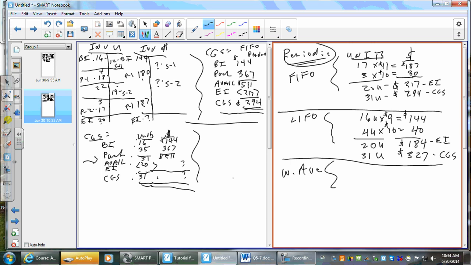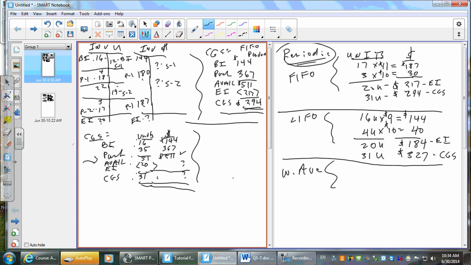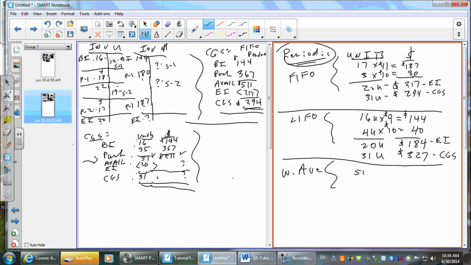still periodic. All these methods are periodic, okay? What's the cost per unit? $511 divided by what? 51 units. That's all there is to it. The total available is $511 divided by 51 units, and what is the cost per unit?